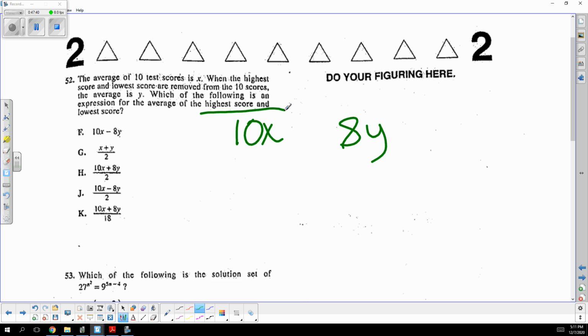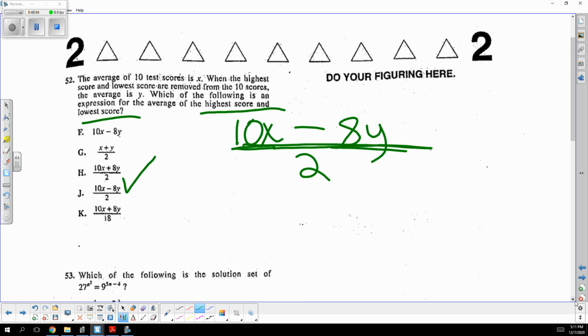Well, the highest score and the lowest score must be the difference between what we had before and what we got now. So it's 10x minus 8y, and that's 2 people, so you divide by 2, and the answer is J.